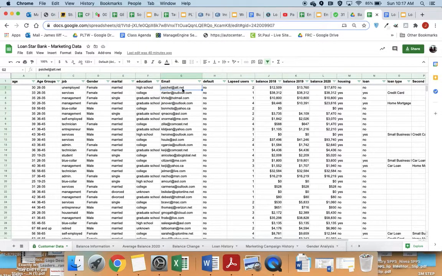That's going to be important if we're going to reach out to her with some social media, or maybe if you want to do an email campaign. A default, don't worry about that. Lapsed user. We'll talk about what this is in a little bit. Here's account balance in 2018, account balance in 2019, account balance in 2020.